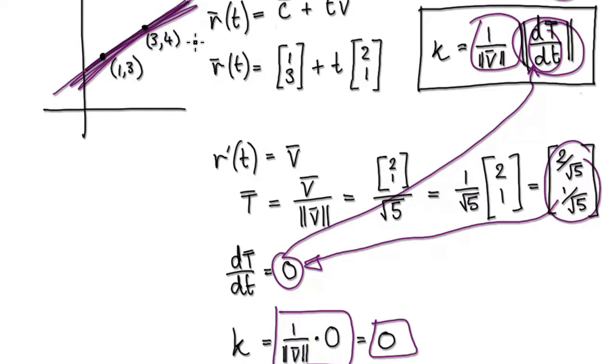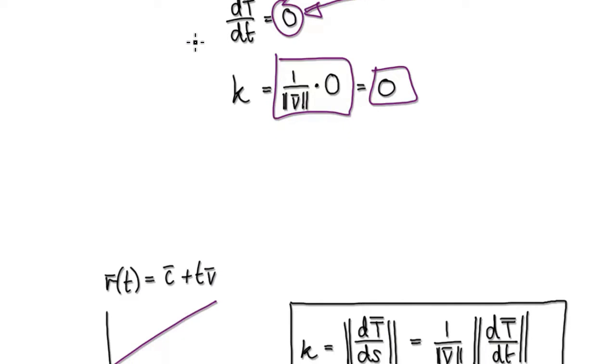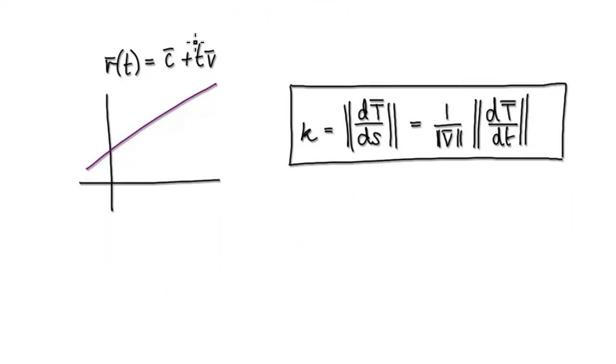Let's try and understand what's going on here. Let's look at this from a different perspective. You've got your straight line here. Remember, curvature is defined as the change in the unit tangent with respect to arc length. Let's imagine the particle is traveling at a constant velocity. So we would split this up into equal ds's.